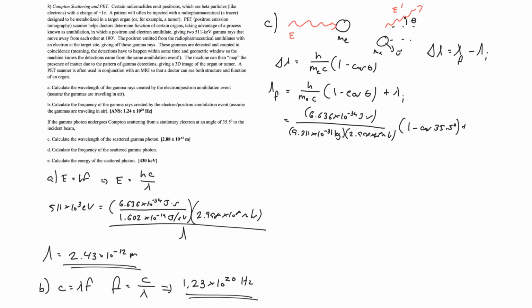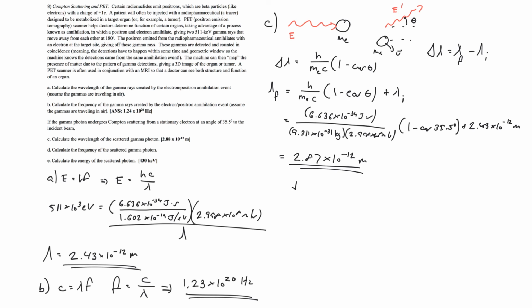Then we need to add the initial wavelength. And so if we do this math, we should get an answer of 2.87 times 10 to the negative 12 meters. So we get a longer wavelength for the scattered photon, and let's see if that makes sense.